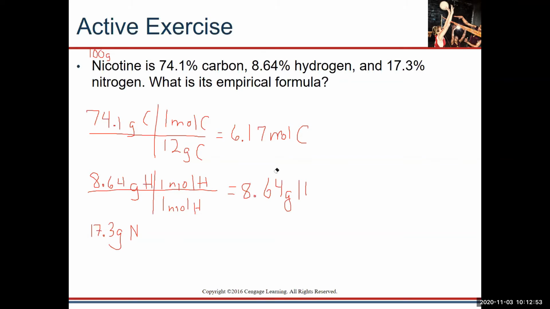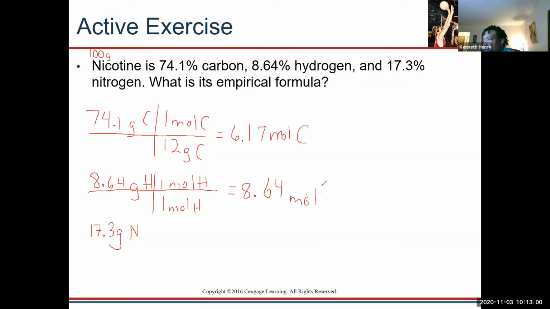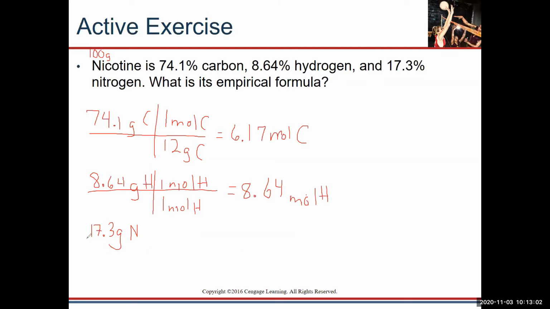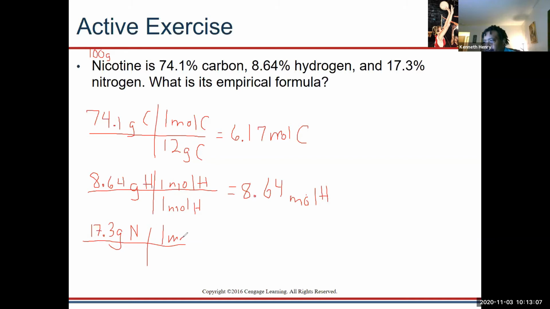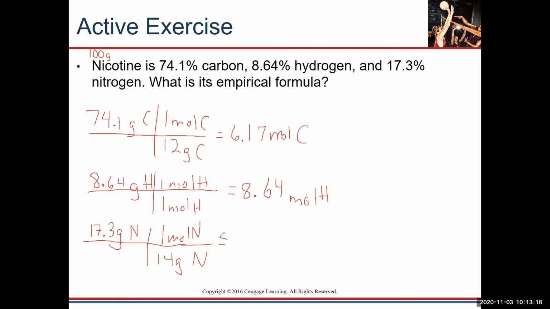And nitrogen? 14 grams for 1 mole. 1.24.